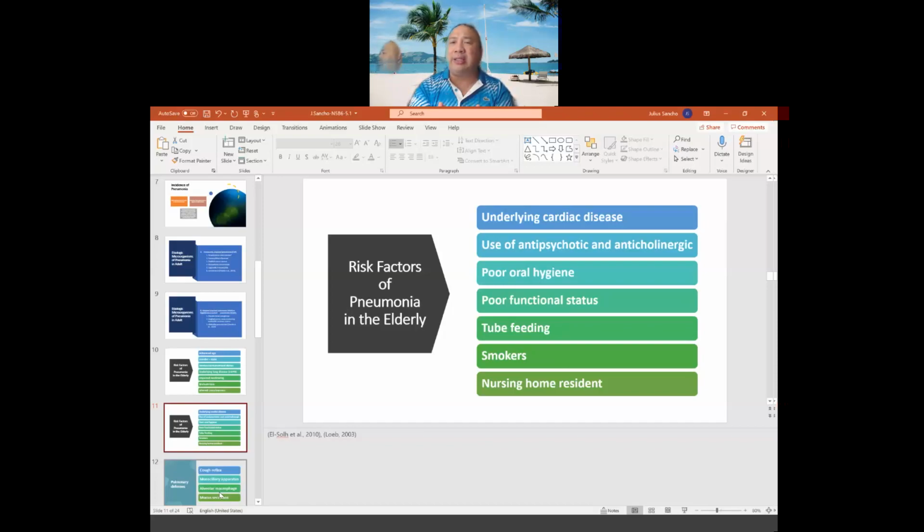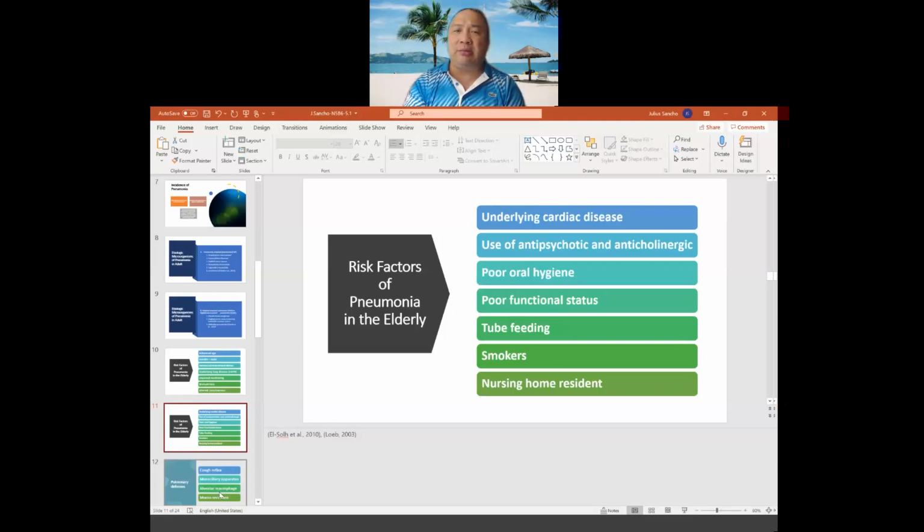Okay, and anticholinergic medication also has an effect on peristalsis. It decreases peristalsis, which makes the resident prone to aspiration as well, so it could cause aspiration pneumonia.